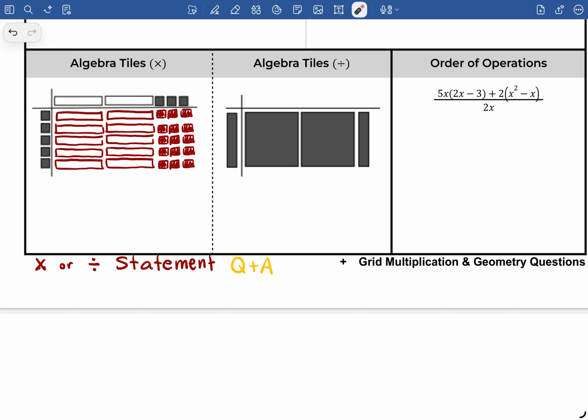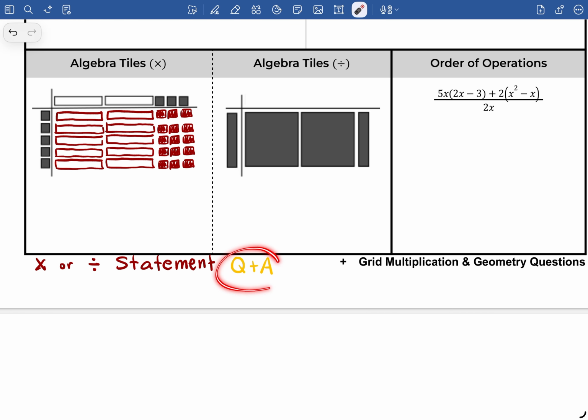Algebra tiles are good at illustrating some things, but they're definitely limited in their uses, because if we had a big square and a big square, that would end up being x to the power of 4, which is a fourth dimensional shape that doesn't exist in our 3D world, so we can't do that. So this is good for smaller polynomials, not great as the degree gets higher.